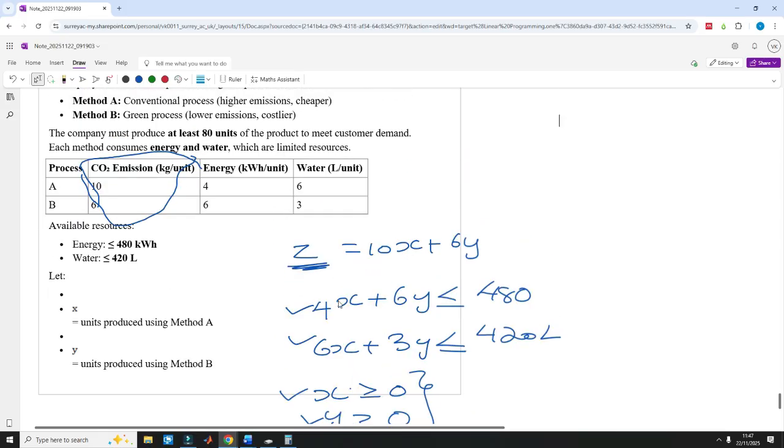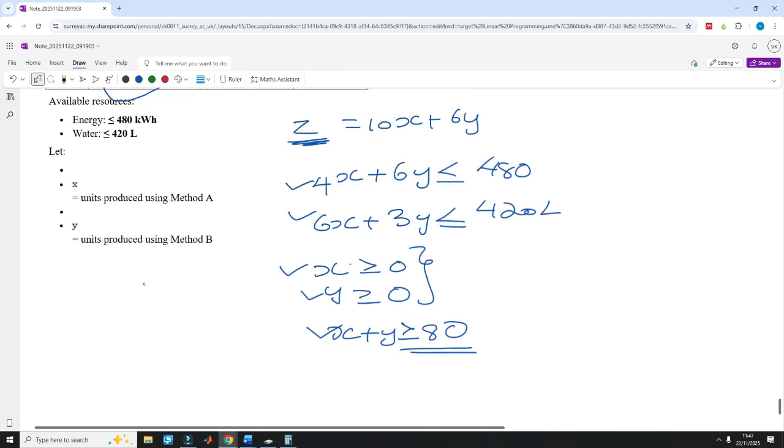So if you know how to use the graph paper, how to plot the equation of a straight line, how to identify the plane that corresponds to the linear inequation, that's all you need. And then obviously to identify the corner points. So to identify the corner points, you should know that if there are two lines intersecting each other, and these two lines correspond to equations of straight lines, then how to calculate the point of intersection, which is nothing but the solution to those two linear equations.